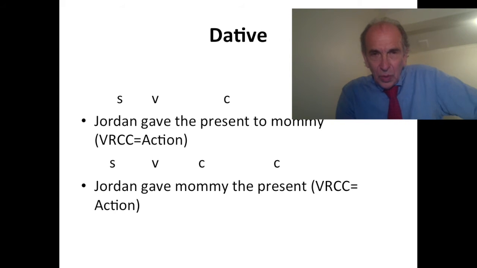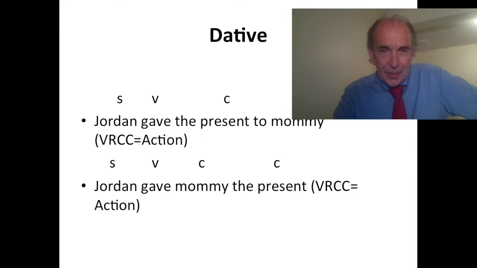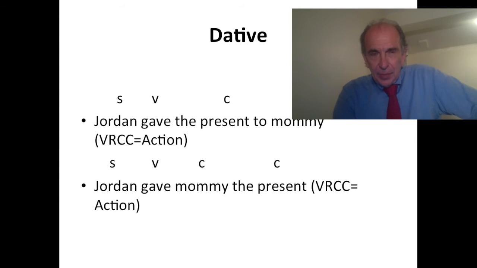The coordinated content category, the non-verb relation content category, applies to the words outside of that unit. That is "to mommy." Mommy is the recipient of the present, and therefore it's dative. Another example might be "I bought the present for mommy." "For mommy" would be dative, also coordinated.